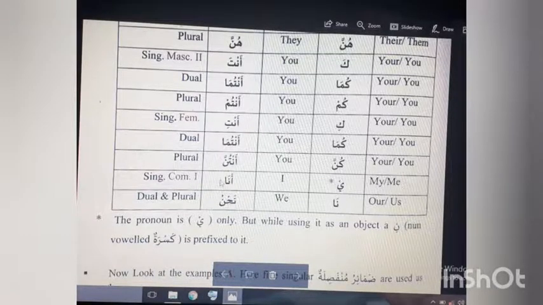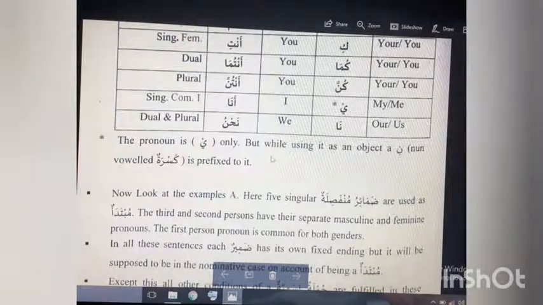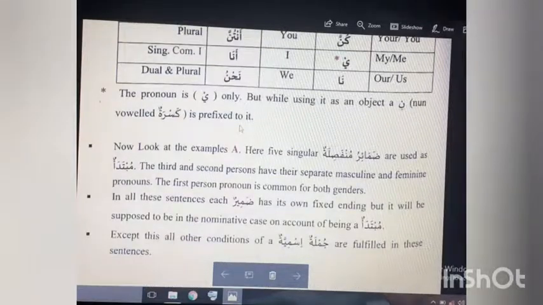Kitabuna, ours. The pronoun is ya only, but while using it as an objective, noon with kasra is prefixed to it. Now look at the examples here. 5 singular ضمائر منفصلة are used as mubtada. The third and second persons have their separate masculine and feminine pronouns.